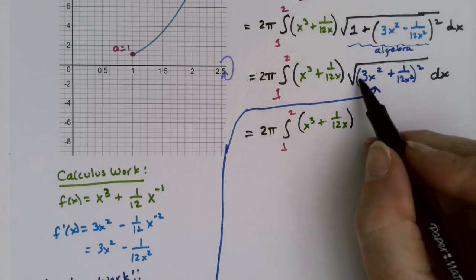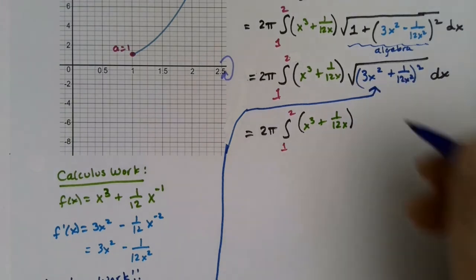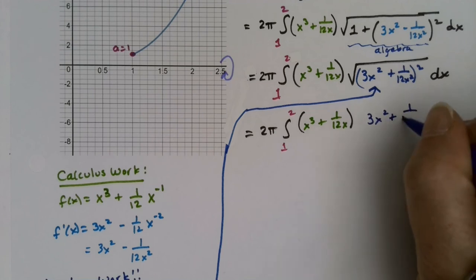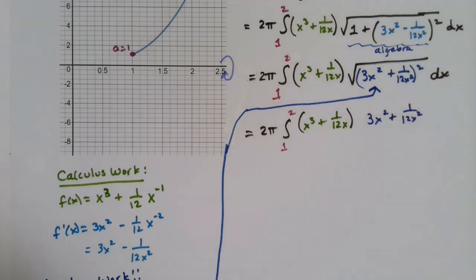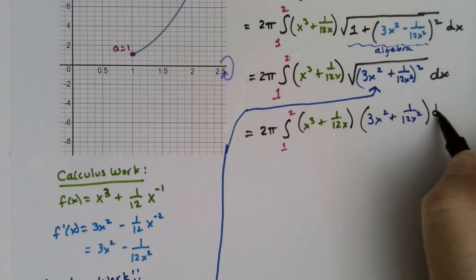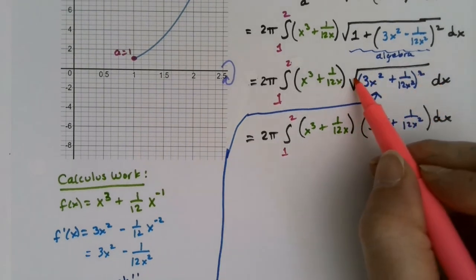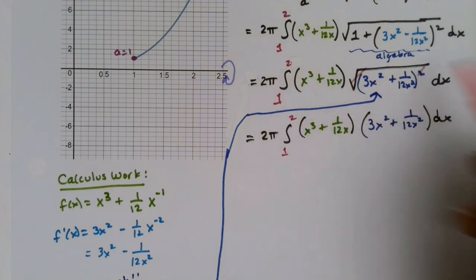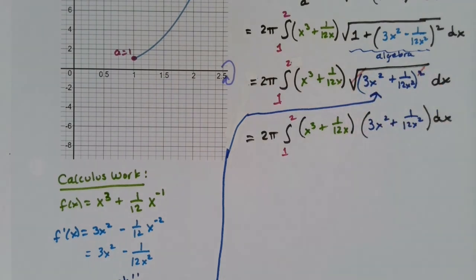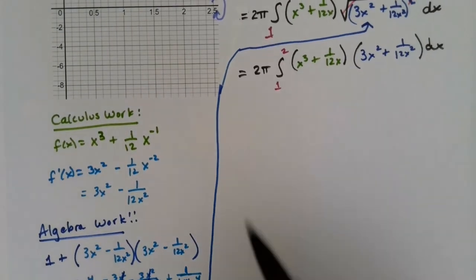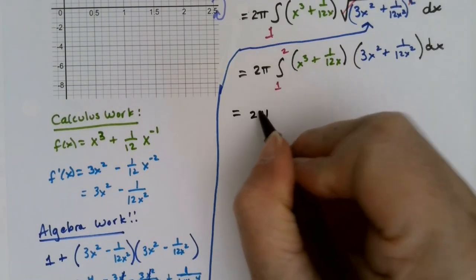And then this is going to go away and just leave me 3x squared plus 1 over 12x squared. Right? Because the square root and the squaring are going to undo each other. Because they're inverse functions, if you want to know. Algebra, right? So 2 pi.